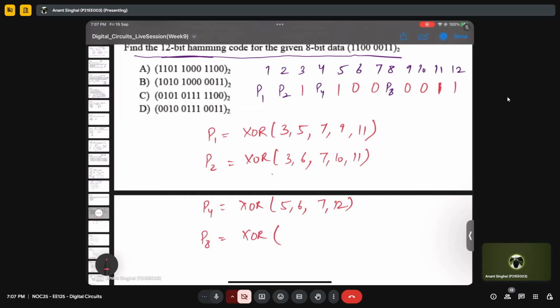And for P8 it's 9, 10, 11, 12. You just need to XOR these bits and you will be able to calculate P1, P2, P4, P8, and then you can find the overall data word, or sorry, the Hamming code. Is it clear, the steps that are involved? Please let me know if it is clear.